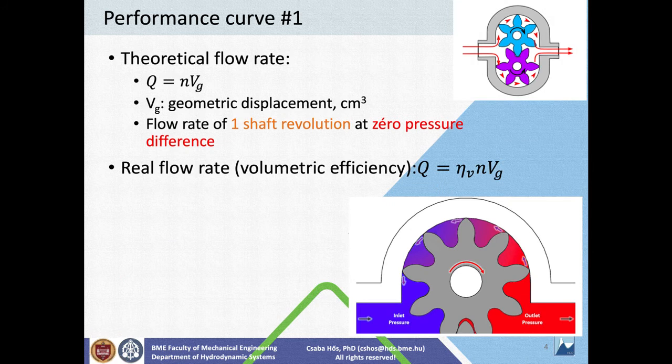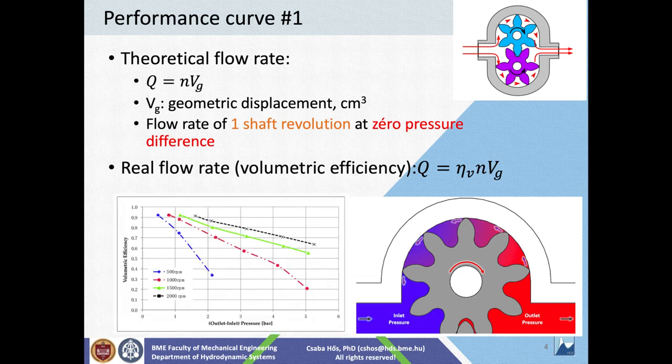So let's start by developing some equations for the flow rate. If you have a look at this gear pump, what I'm saying now is valid for all the pumps, but I will explain it on a gear pump. Clearly, the quicker it rotates, the more fluid it conveys.